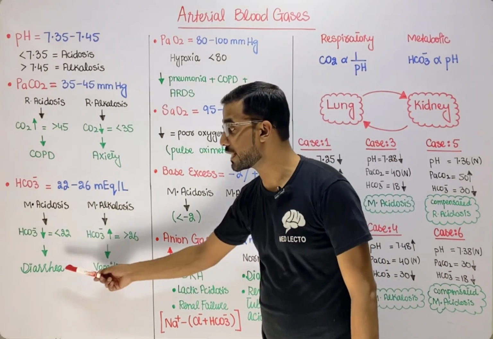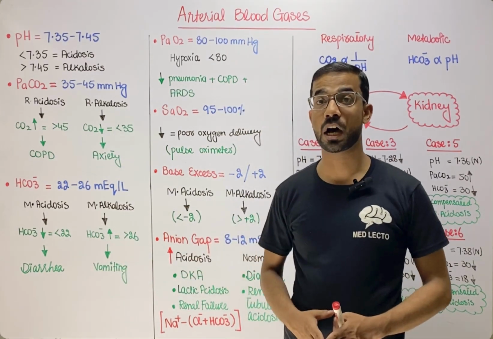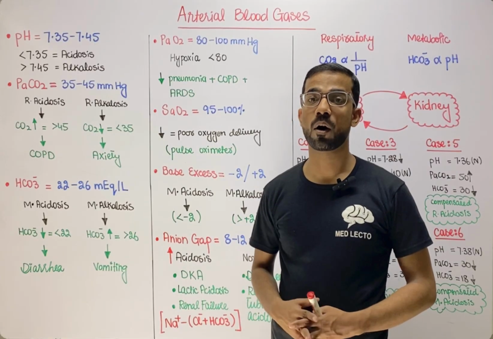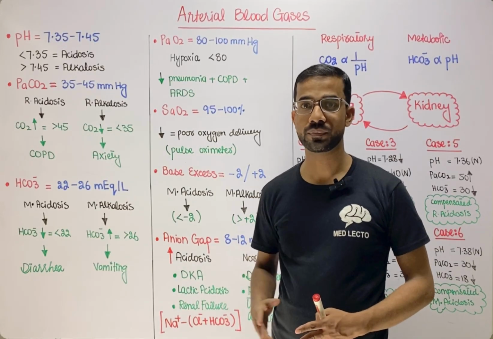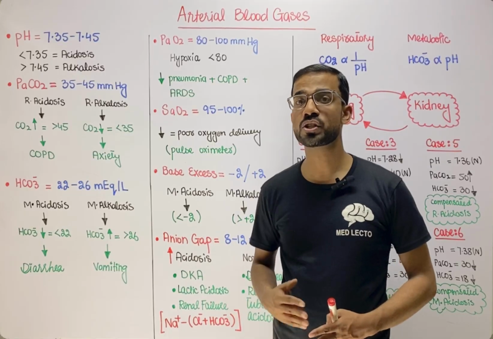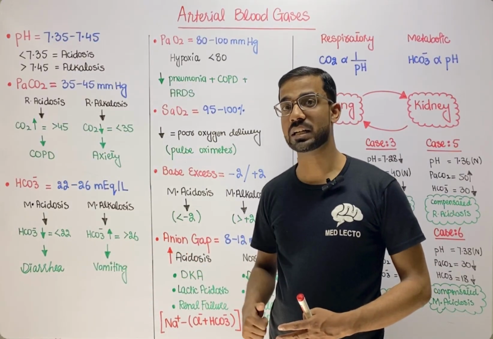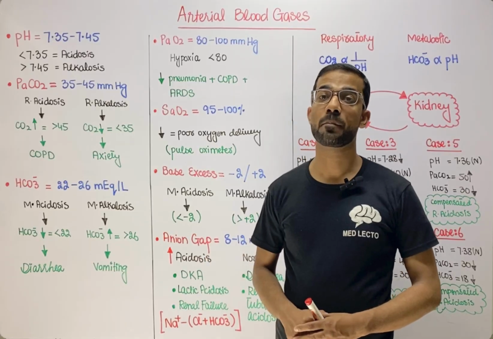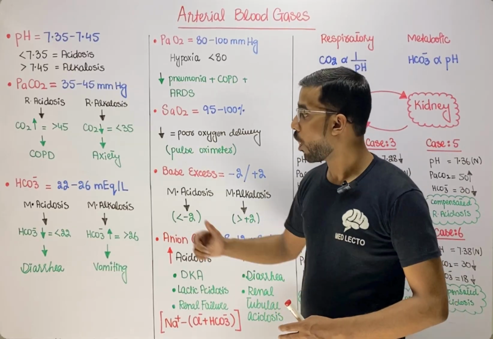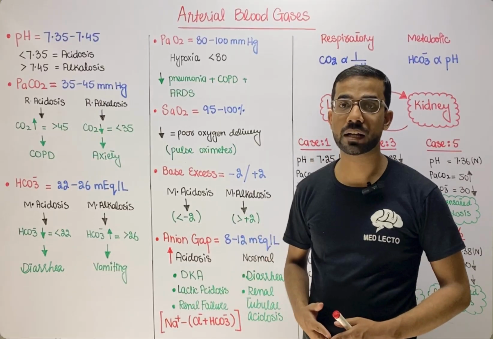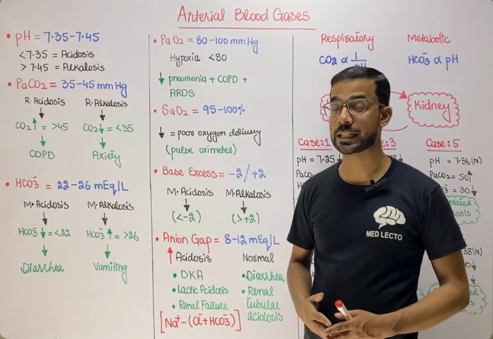It will be seen in diarrhea, because in diarrhea a lot of bicarbonate is eliminated from the body in the stool. So the concentration of the bicarbonate starts decreasing, and as a result it goes towards metabolic acidosis. The opposite case will be metabolic alkalosis. In that case, the concentration of the bicarbonate ion starts increasing.